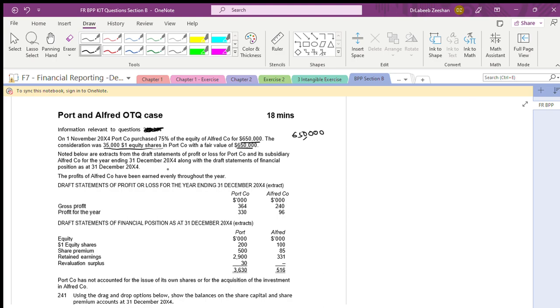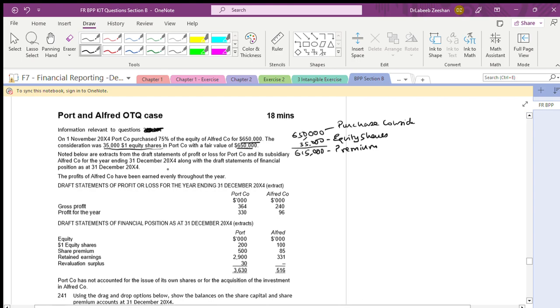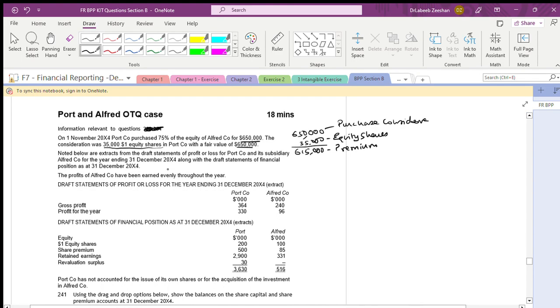They have paid 35,000, the balance is 615,000. It is premium.